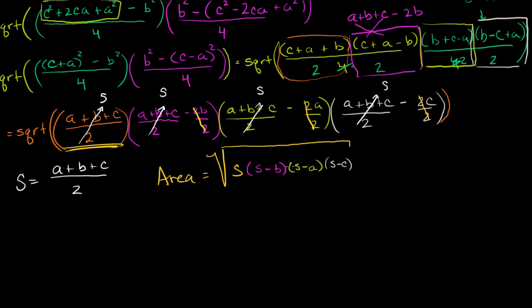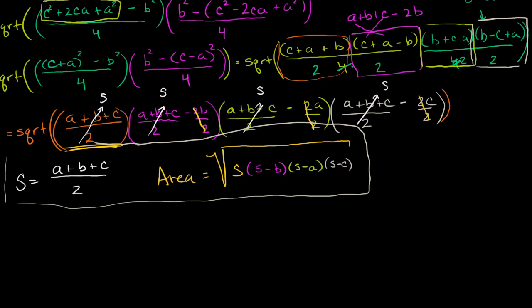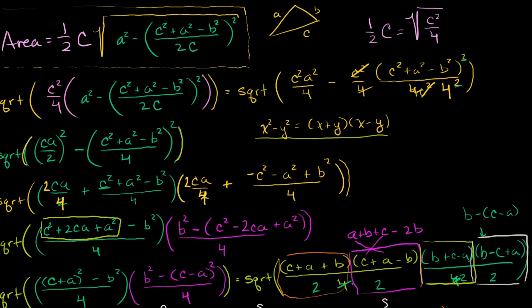And we have proved Heron's formula is the exact same thing as what we proved at the end of the last video. So this was pretty neat, and we just had to do a little bit of hairy algebra to actually prove it.